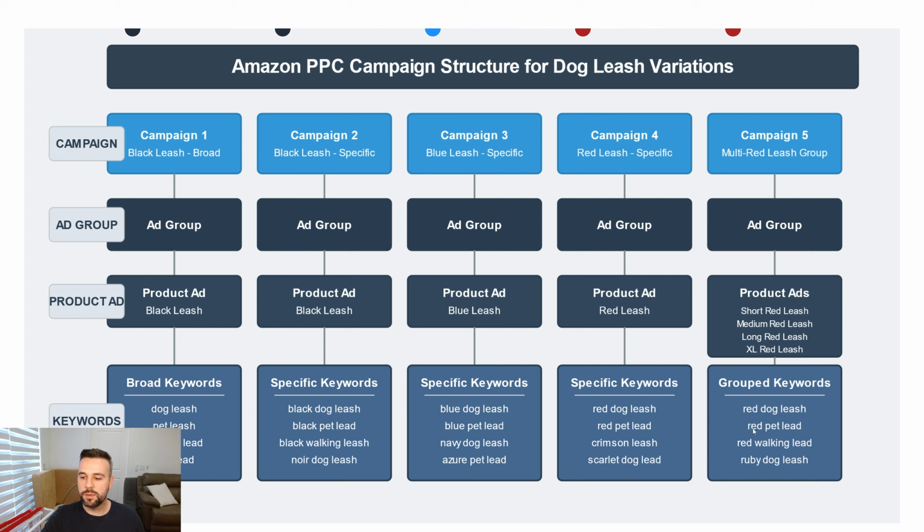Red dog leash, red pet lead, red walking lead, ruby dog leash. And hopefully this gives you a much better idea of how to structure your campaigns for variations. Hopefully it made it very clear that you're segmenting each ASIN out based on search intent, which is relevant to that ASIN. And then you're taking out your top seller that is targeting the more competitive keywords.